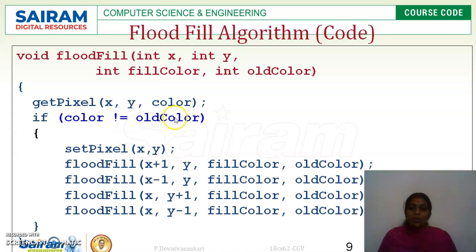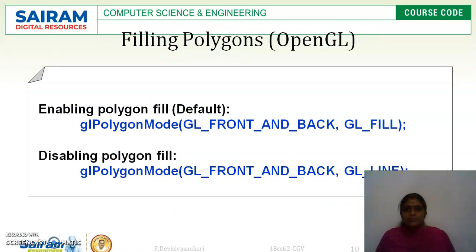Otherwise, if the color is equal to the old color, the boundary will be colored with the previous color, green. Is this clear or not? According to this condition, either the old color or the current fill color will be filled. So these are the two different basic fill algorithms, and these are the functions for them.